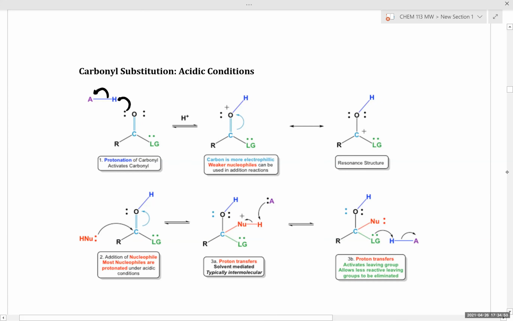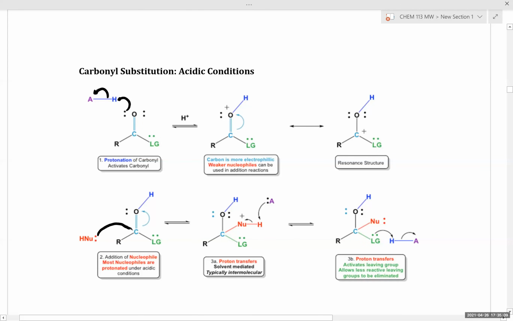As we notice, looking at this resonance structure, the carbonyl carbon now has a substantially increased amount of cationic character and is overall more reactive to nucleophiles, even weak protonated nucleophiles.